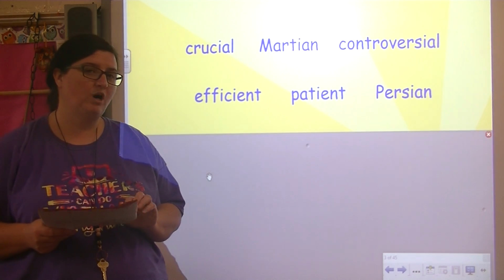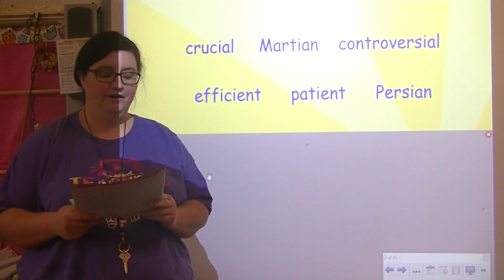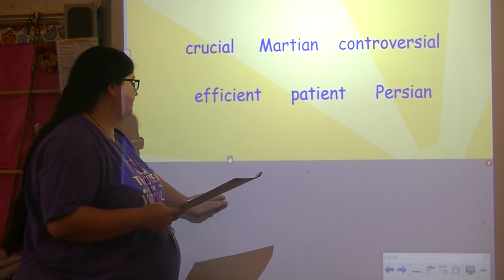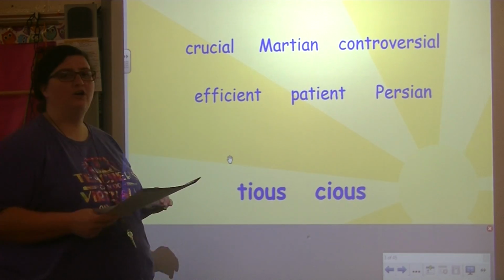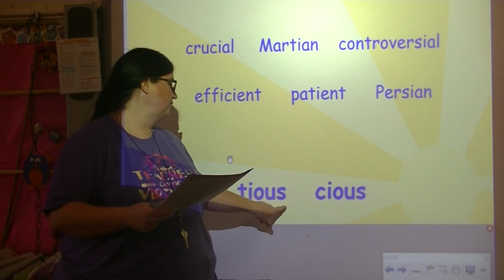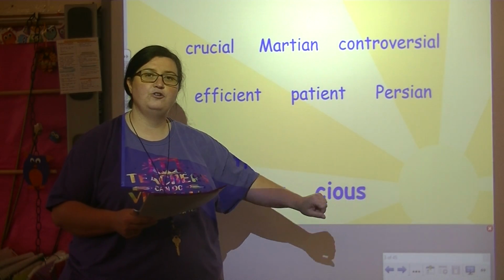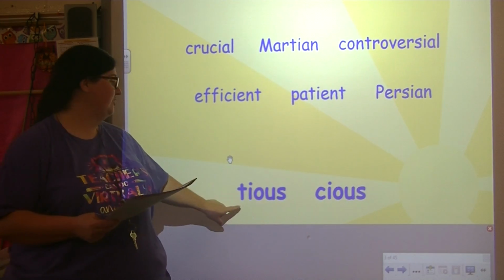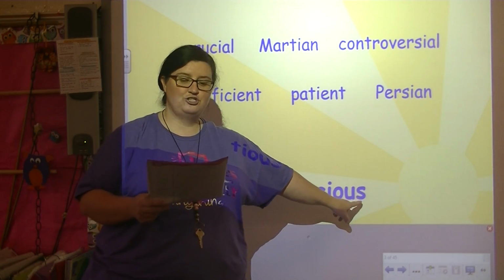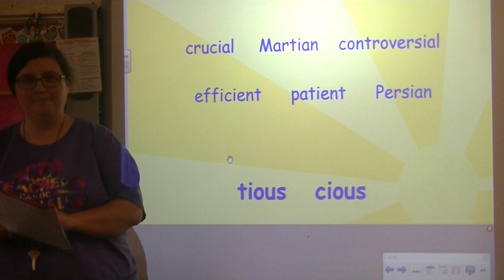It's at the end of a word. A final stable syllable. Alright, the other day we learned 2 new final stable syllables. T-I-O-U-S and C-I-O-U-S. Like in nutritious and delicious, right?